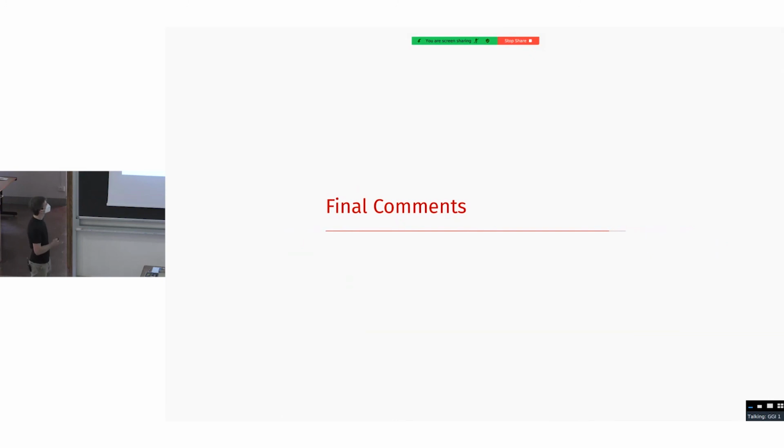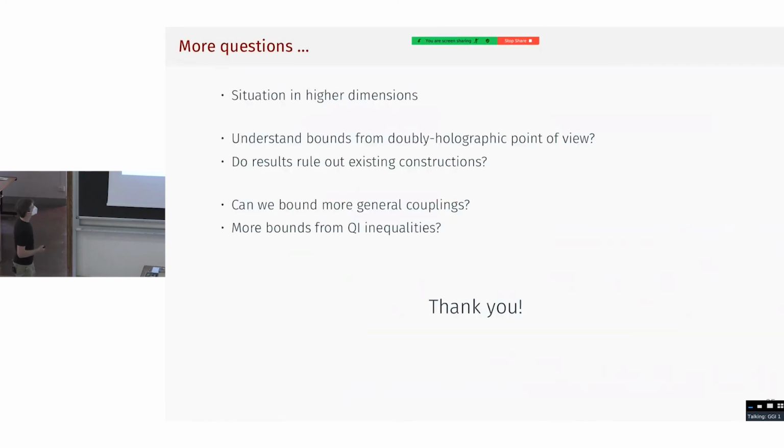Okay, so I come to my final comments. That was a bit quicker than I expected, but I think at least there's some more time for discussions, hopefully. There's of course much more to do here and many more interesting questions. The obvious thing that was already asked is what the situation is in higher dimensions, where we have DGP couplings on the brane. Maybe more generally, not only the very naive thing you would add by just the Einstein-Hilbert action, but you could imagine adding a very general expansion of higher curvature corrections and see if you can place bounds on those.